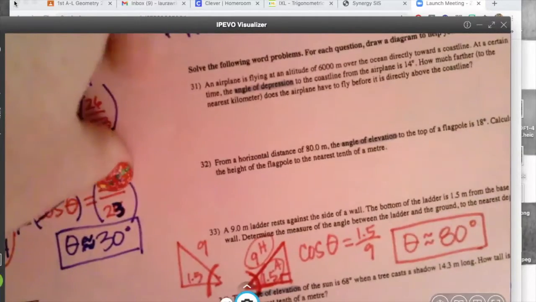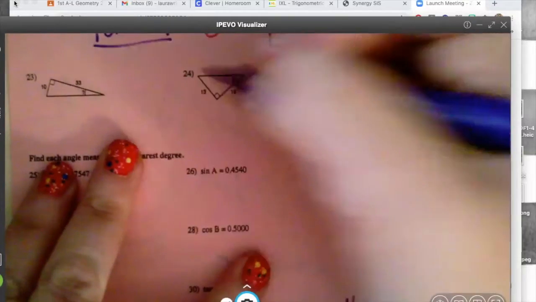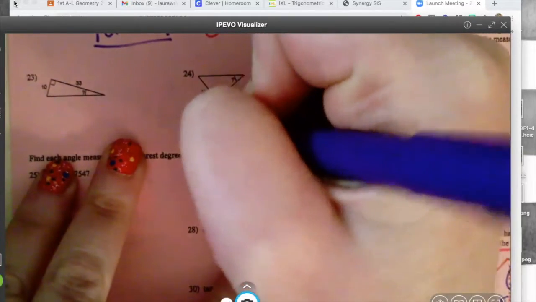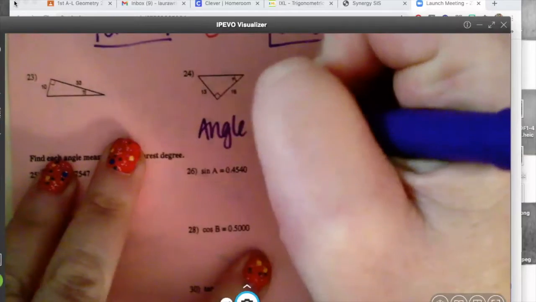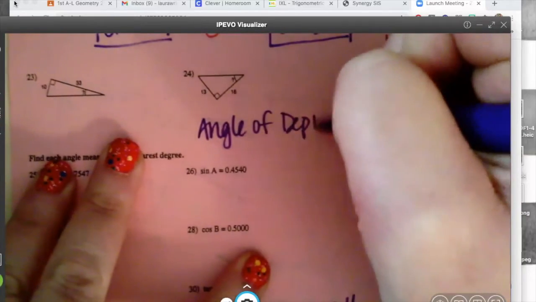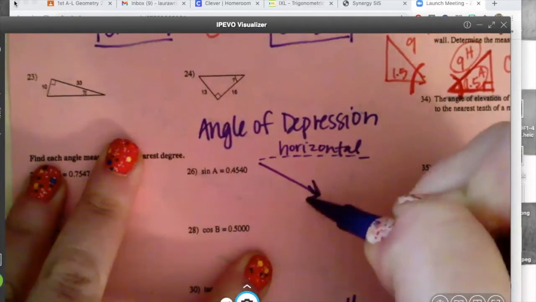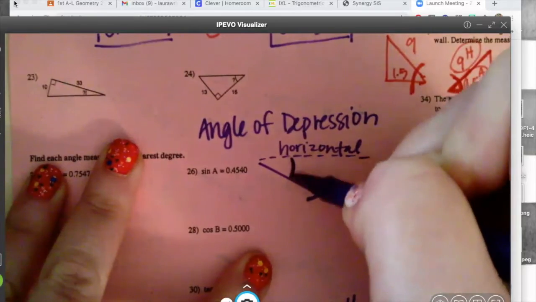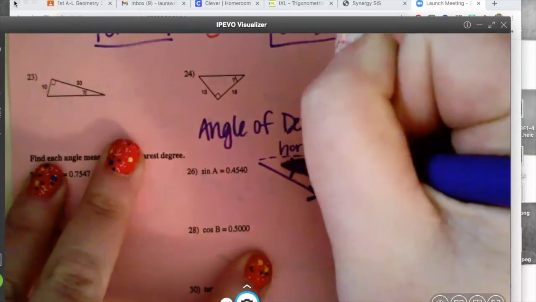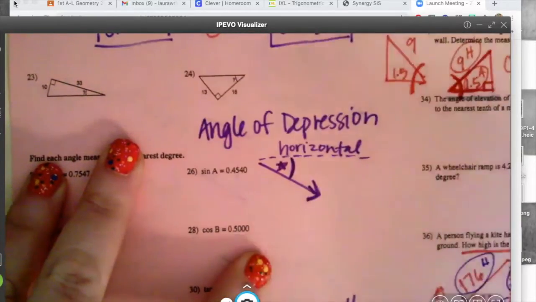So let's do a little example over here. Angle of depression, horizontal. It's right there, okay?